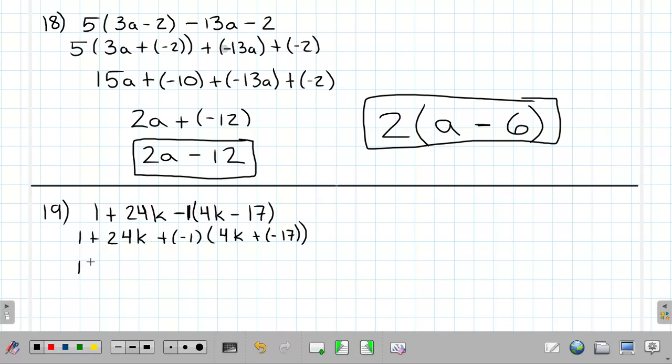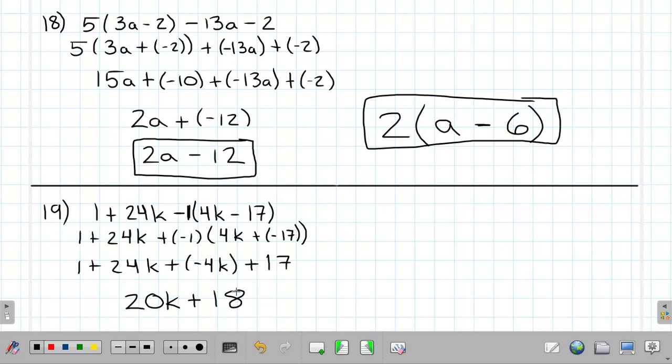So we still have the 1 plus 24k plus negative 1 times 4k is negative 4k, plus negative 1 times negative 17 is actually positive 17. So what we're going to end up with here is 24 plus negative 4 gives me 20k, plus 1 plus 17 gives me 18.